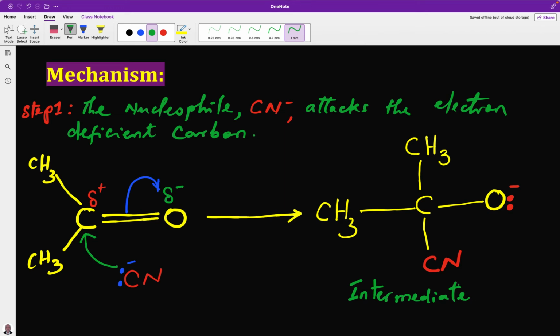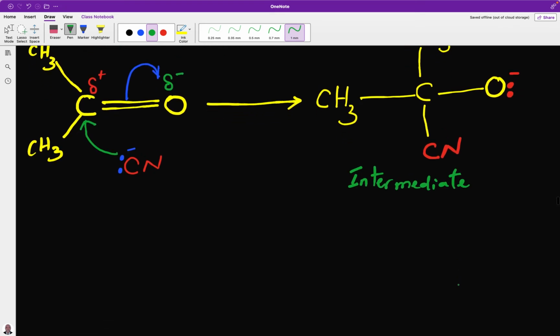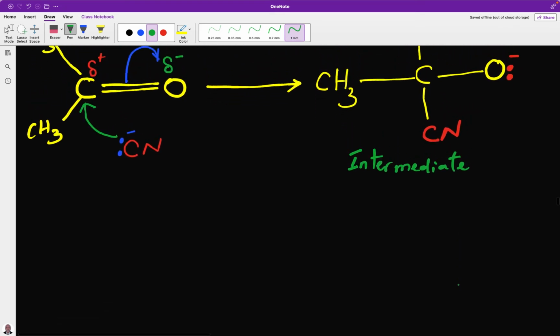Now it takes us to step number 2. In step 2, the highly reactive intermediate does what?